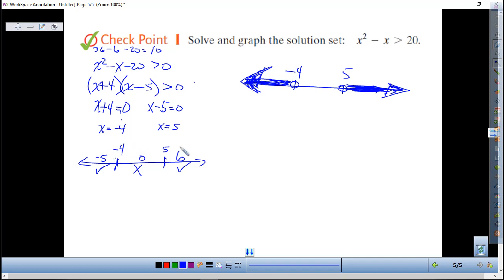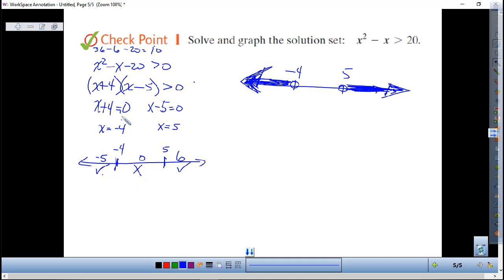The boundary points, however, that's part of the problem, so you should get that. These values are just values that we picked. So -5, when I plug that in, I'm going to get 25 minus a -5, which is the same as adding 5. So I get 30 minus 20, which is a +10, which is greater than 0. So that's why I put a check mark there. That interval, because of that one test point working, is going to be a solution.